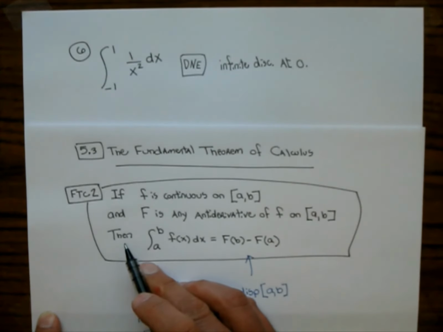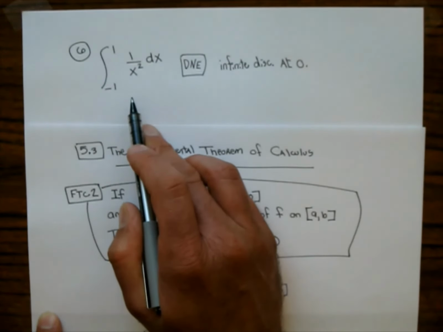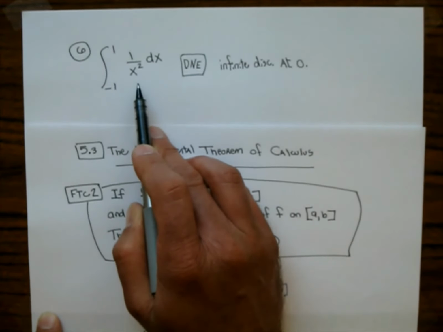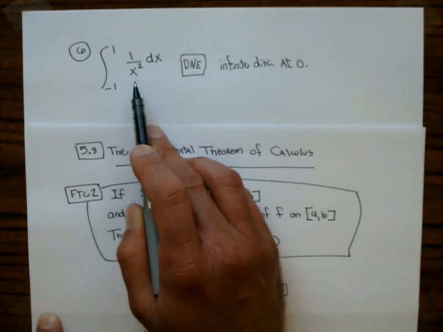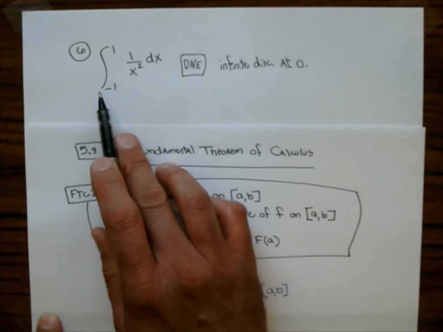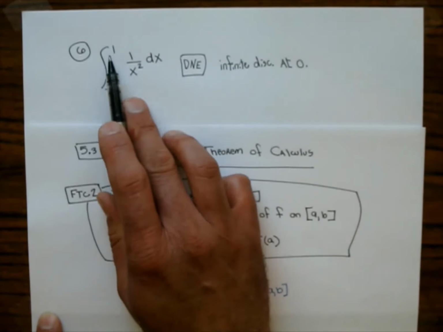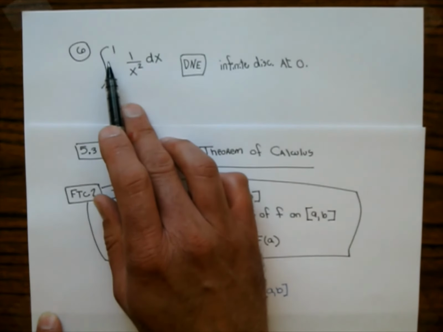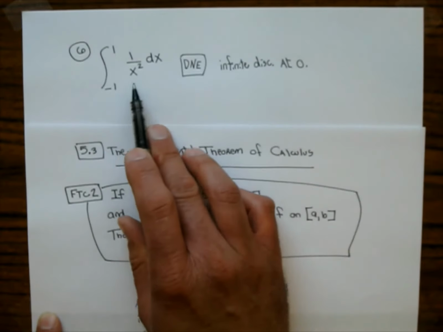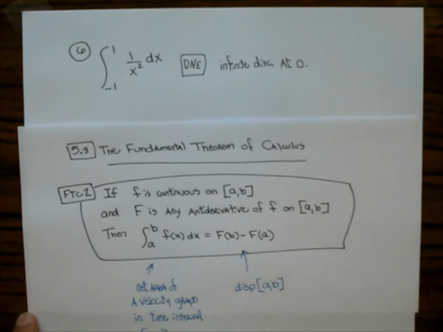Did they give you any like this in your homework? No. Other books will, just to see if people are paying attention, but I think our book gave you the definite integral of functions that you can take the definite integral of. Now you can take the definite integral of this guy if it was from 1 to 5 or -7 to -6. But when this interval includes 0, then we just walk away from that.